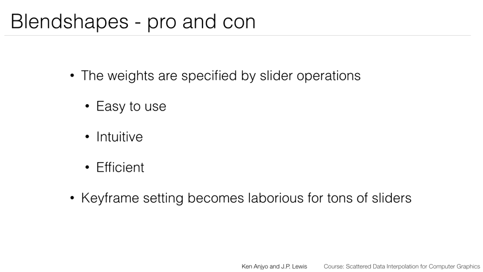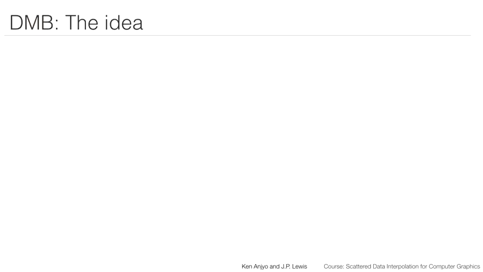Manipulation using sliders is also very intuitive and very fast, depending on the face geometry's precision, the number of vertices, or the experience of the artist. But one bad thing is very serious: the keyframe setting process becomes very laborious if we need tons of target shapes. So we want to solve this problem by introducing the direct manipulation method.